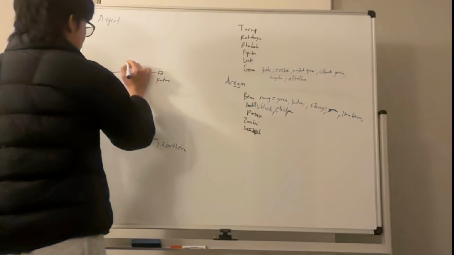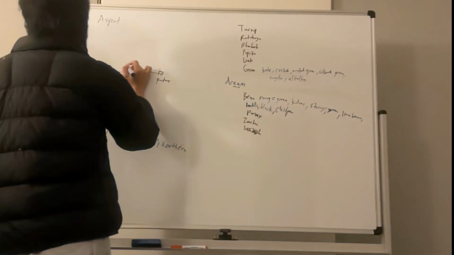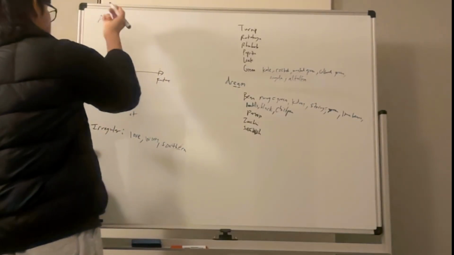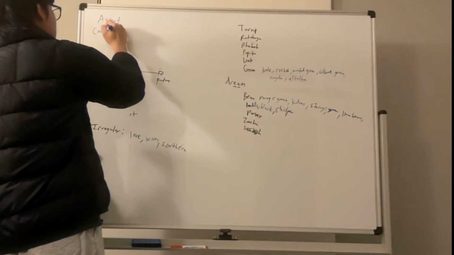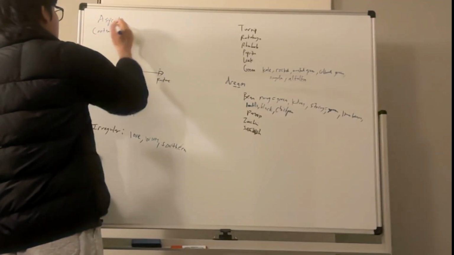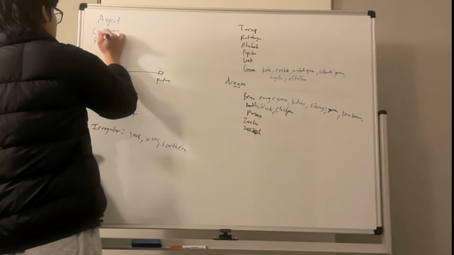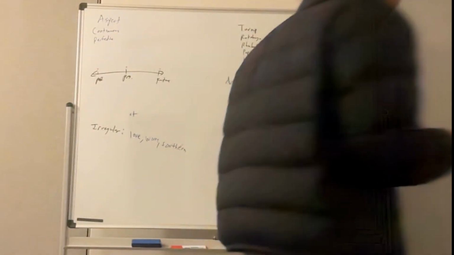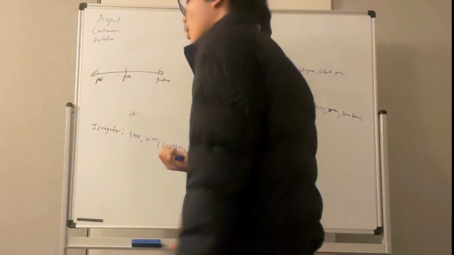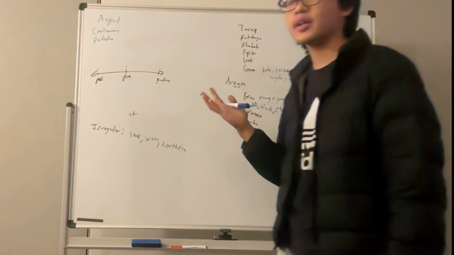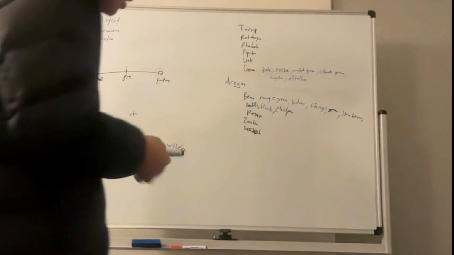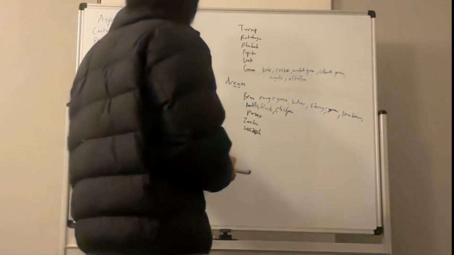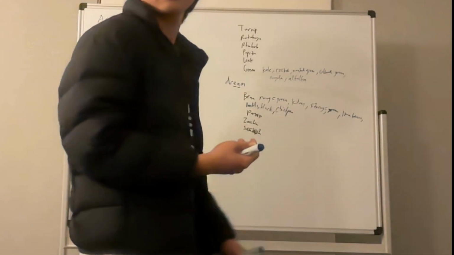For example, if I use the present, there are two aspects in English. I just want to make this clear. Continuous and perfective. If you say something without an aspect, what it means is that the action started here and it stopped here, right?